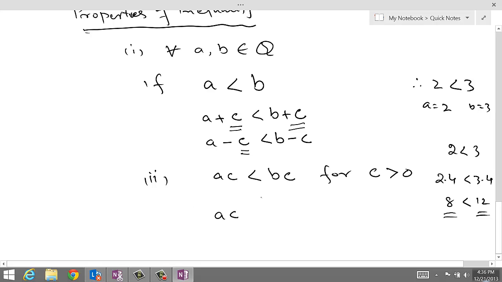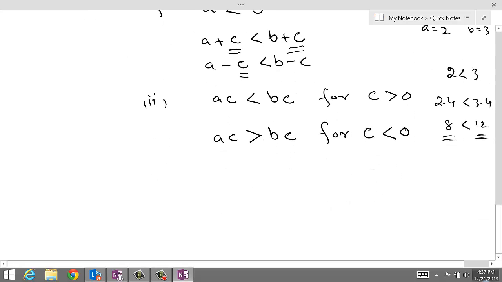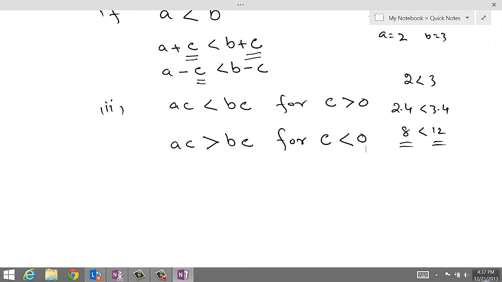Now we are going to reverse the inequality: ac will become greater than bc when c is less than 0. It is very important to understand that if you have an inequality and you multiply a negative number on both sides, the inequality will change the sign. For example, 2 is less than 3.